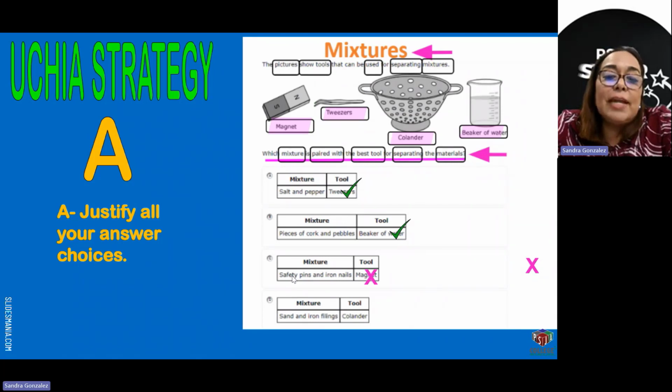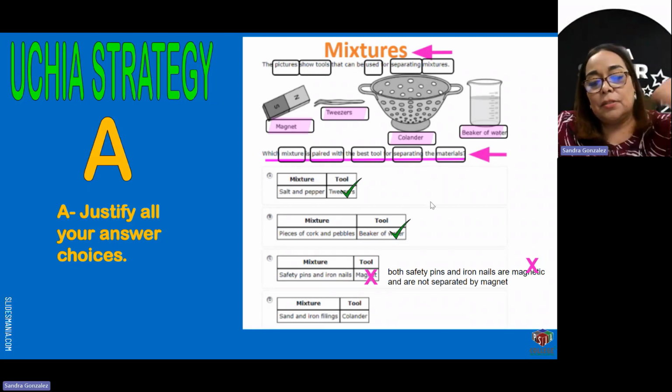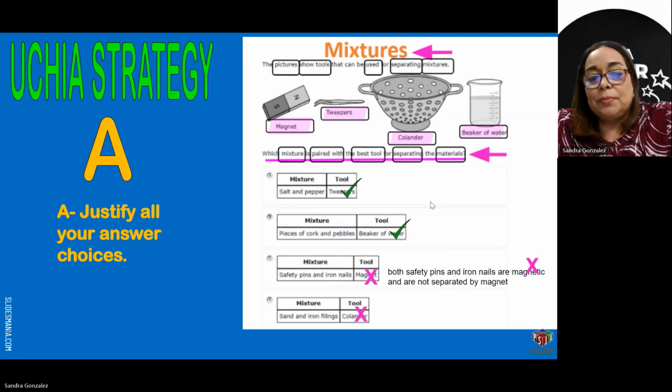Then you're going to look at letter D, sand and iron filings. Can the colander be the best tool for this? If students know anything about the sand and iron filings, they can draw them, and they're going to know that those little particles are very small, and they're going to go through the colander. So because of that, the colander is not the best tool for them.